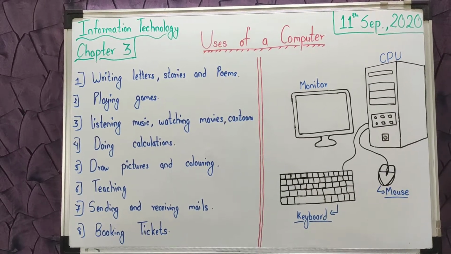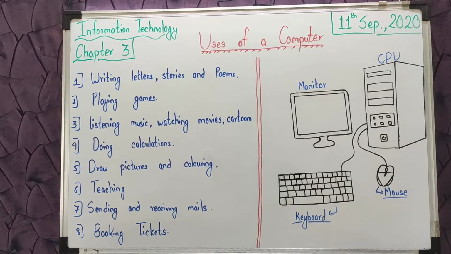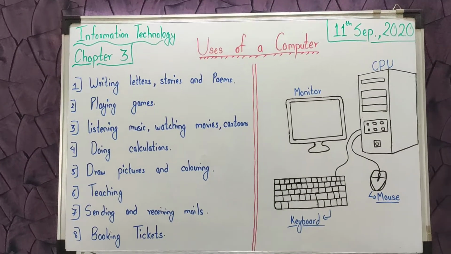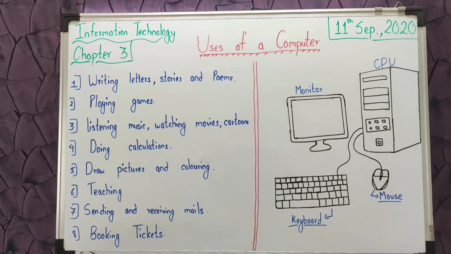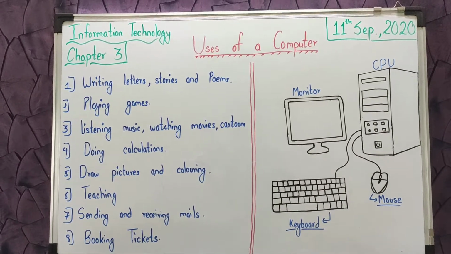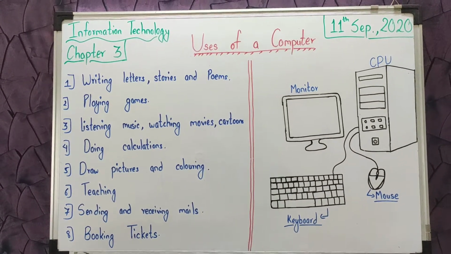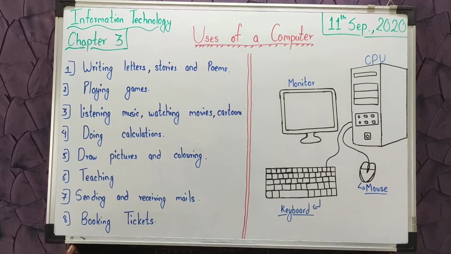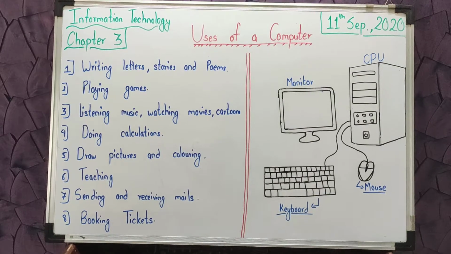Only one task. But whereas this computer, it does multiple tasks, right? It performs multiple tasks. It is capable of doing a lot of tasks. So computer is our friend and it is a smart machine as well, right?